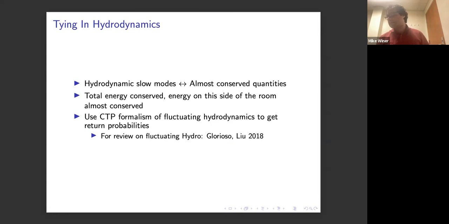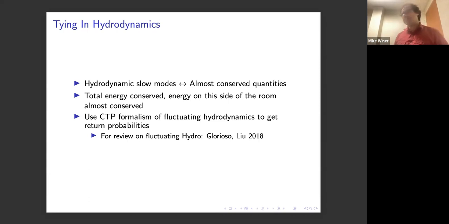So my favorite example: the total amount of energy in a closed system is conserved. The total amount of energy in an open system is not conserved, but it does vary slowly. The relaxation time is proportional to L squared, as we all learned in undergrad. It can take a while to relax.